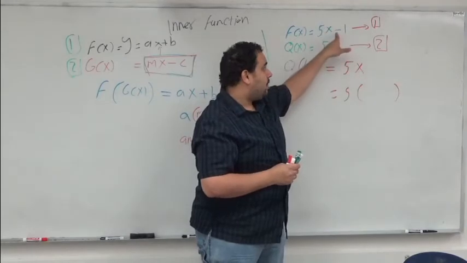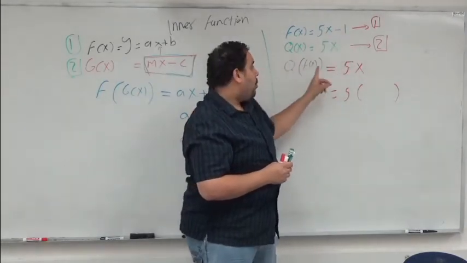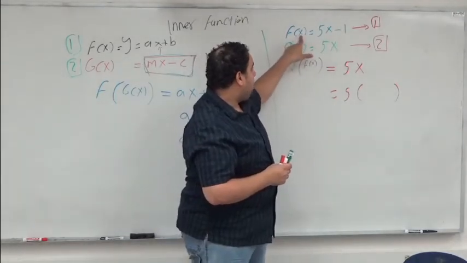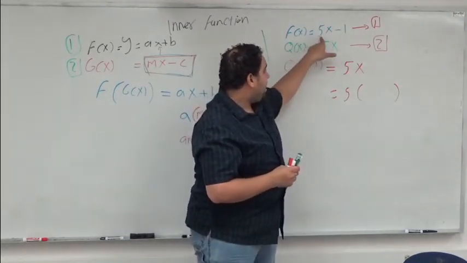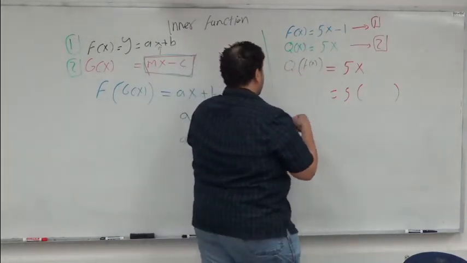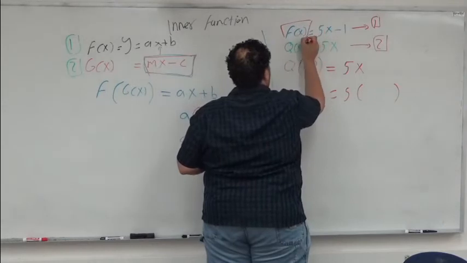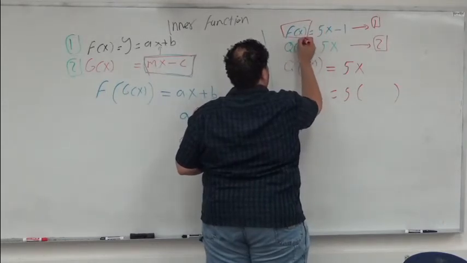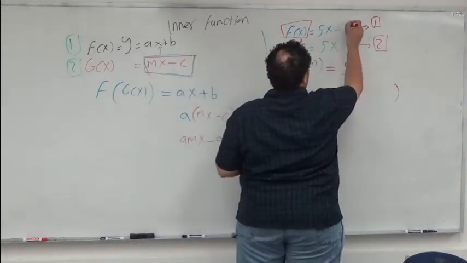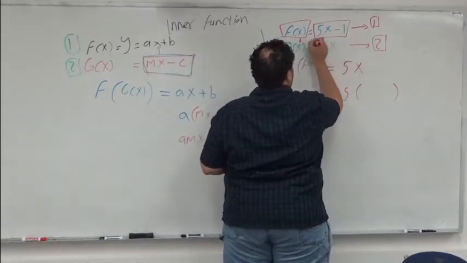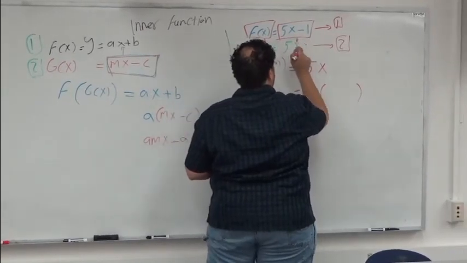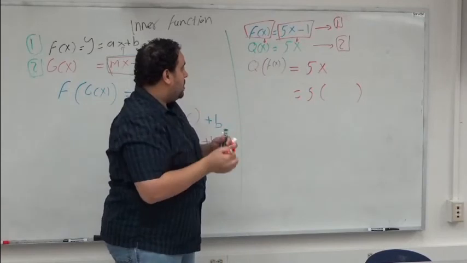What's inside the q? The f. So that means this f goes inside here. We have f of x went inside the q of x. Then the 5x minus 1 will go and replace the x, or go inside the x here. And that's what we did.